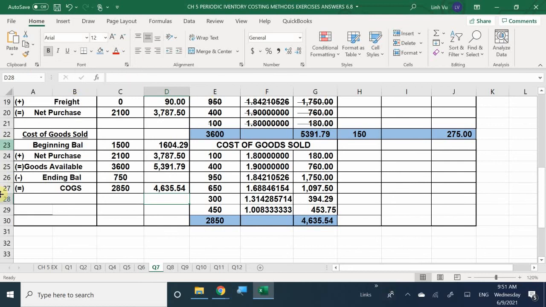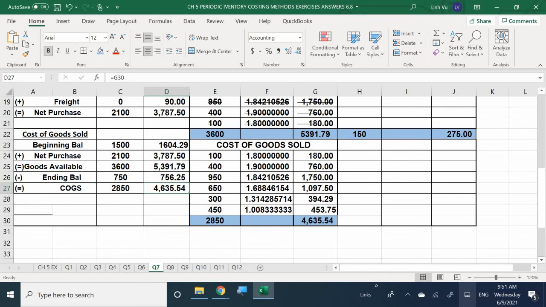So therefore, what is going to be my ending balance? $756.25.